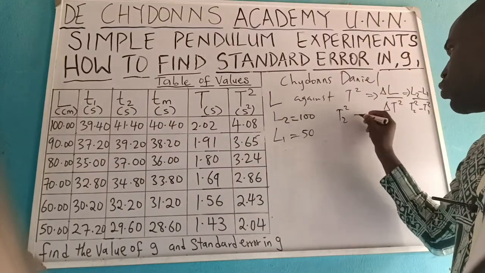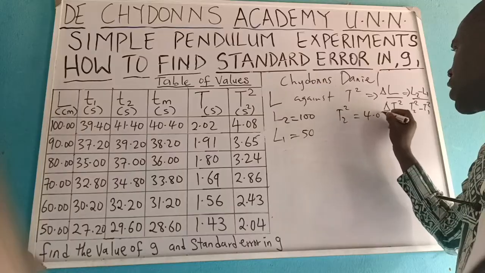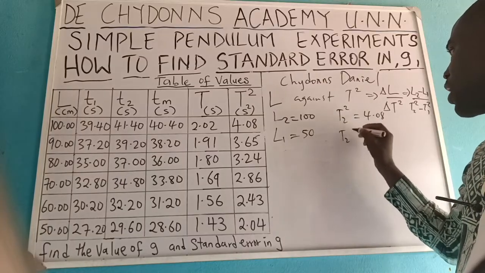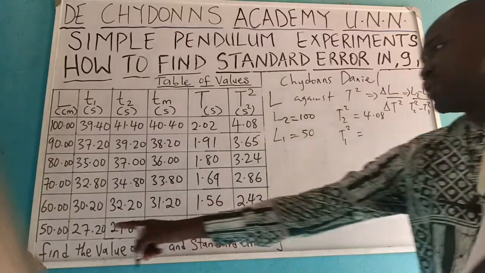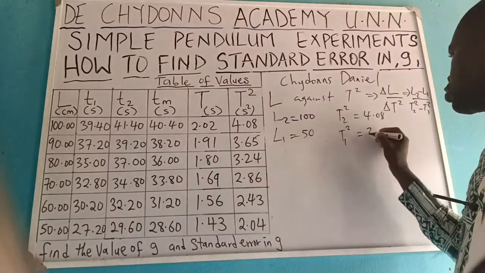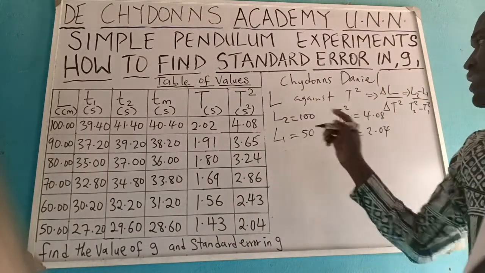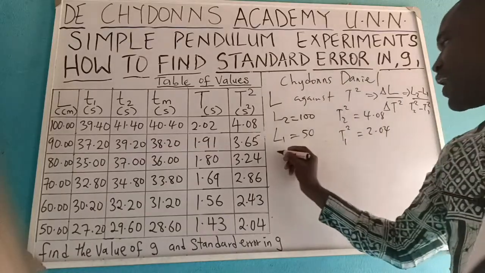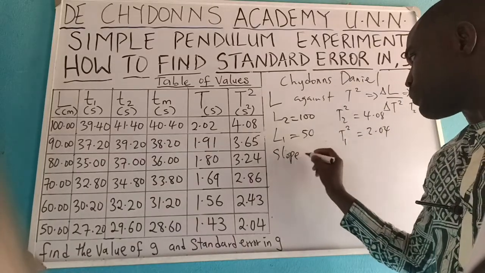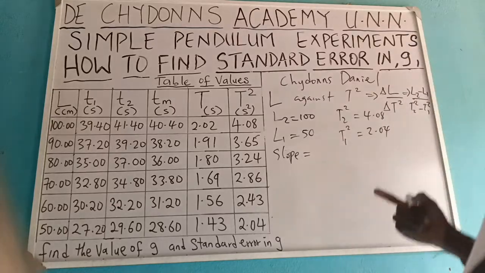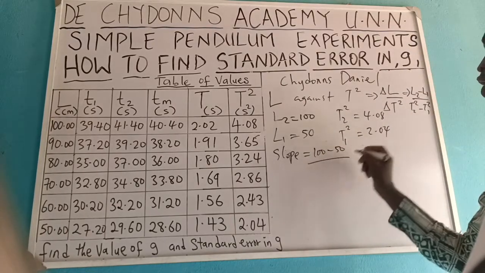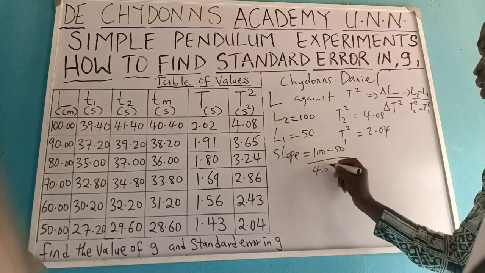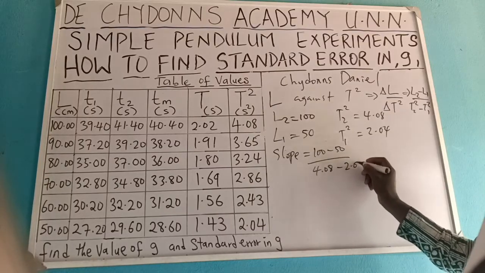T square 2 will be equal to 4.08. And t square 1 will be equal to, if here is 50, here should be 2.04. That means, going by this formula, the slope will be 100 minus 50 all over 4.08 minus 2.04.